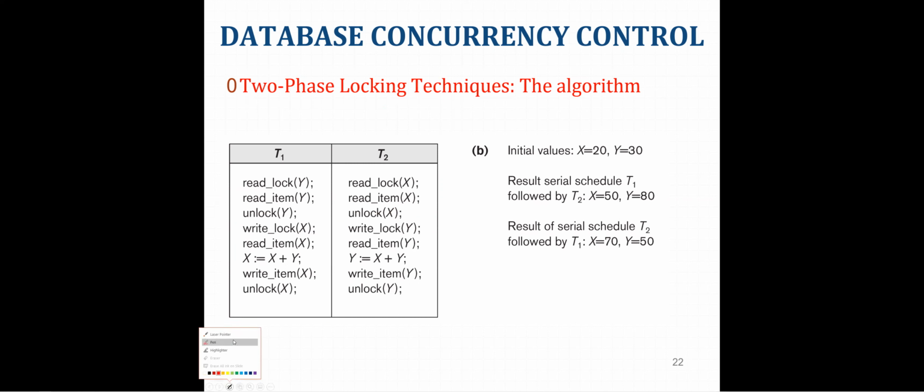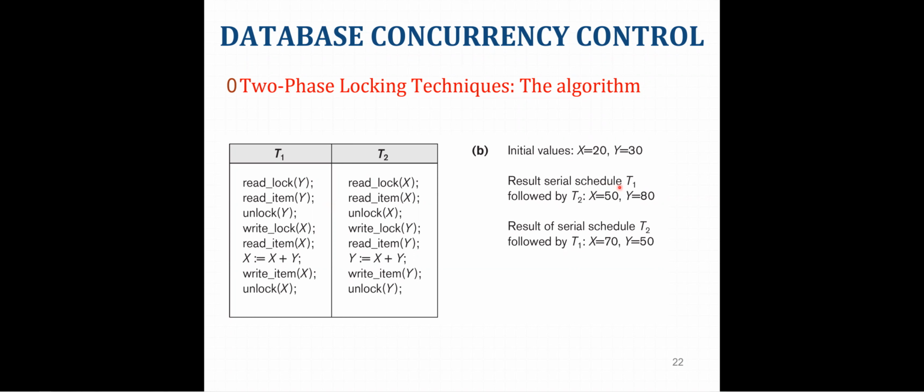There will be two scenarios if you want to have it as a serial. If you just assign x to be 20 with the initial values and y to be 30, you have two scenarios. If you want to have them as a serial, either T1 will start, then T2, or T2 will start and then T1.